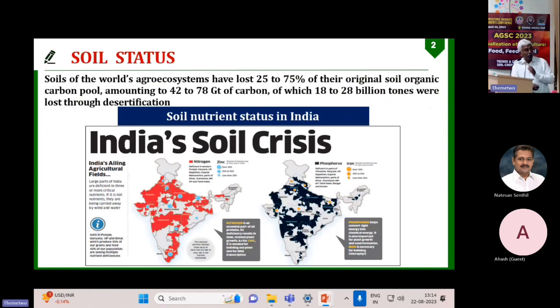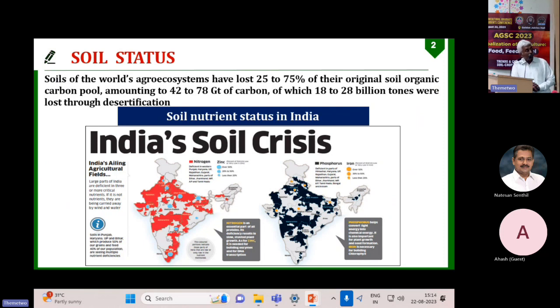This is another grave situation wherein, because of human activities in the process of producing high yields, these soil characters are being threatened, and it has resulted in deficiency of the majority of nutrients, nitrogen, phosphorus, and also zinc, that ultimately causes the loss of organic matter and other issues.